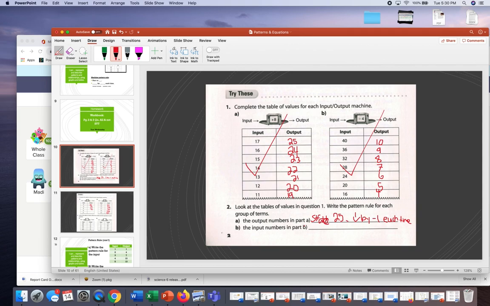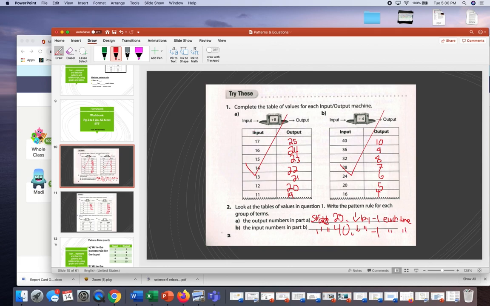The next one, the input numbers for part B. So here, input for part B. So we're just going to do this. Start at, just my little dashes to make it a little bit faster. Start at 40. And then are we increasing or decreasing? Again, we are going down, it's the same thing. Down by 1, and then by subtracting 1 each time. Okay?